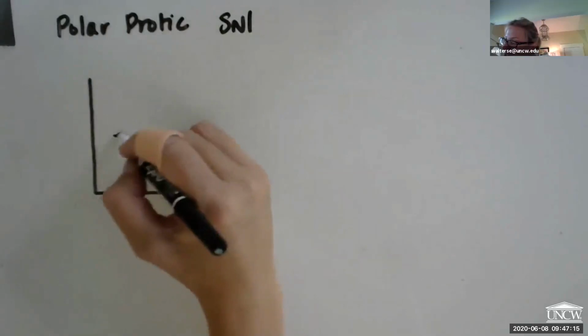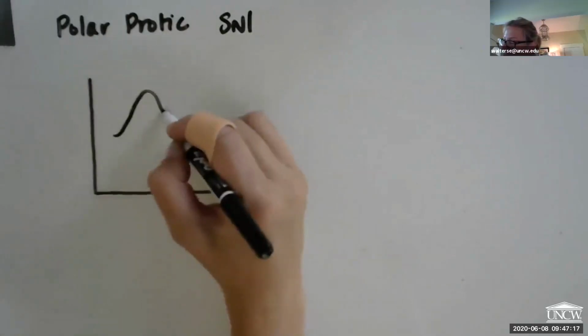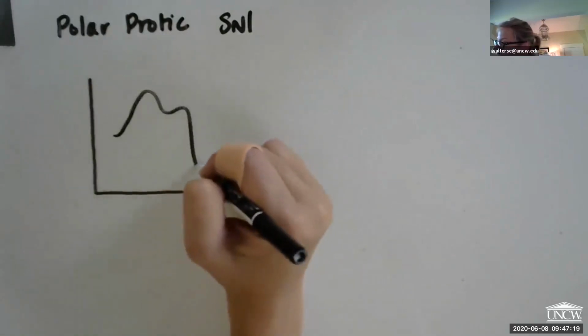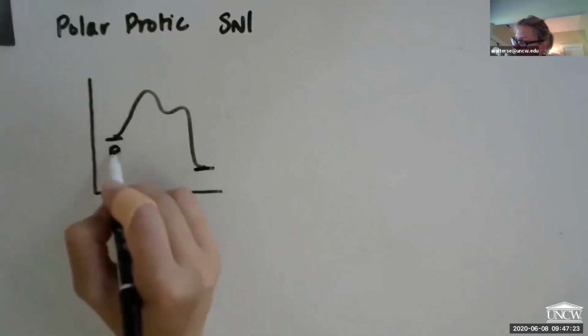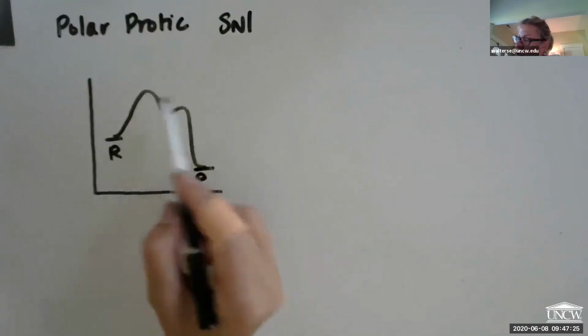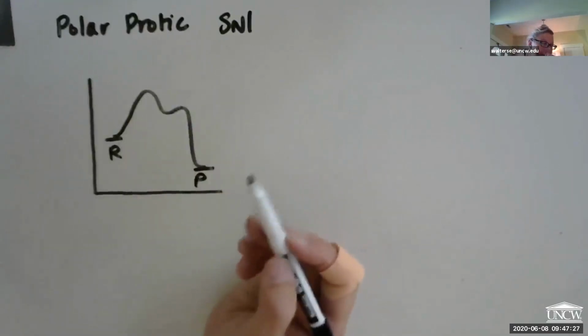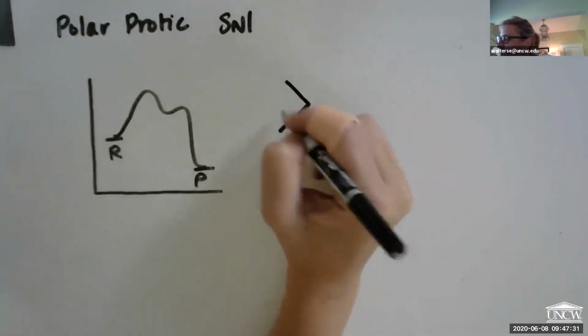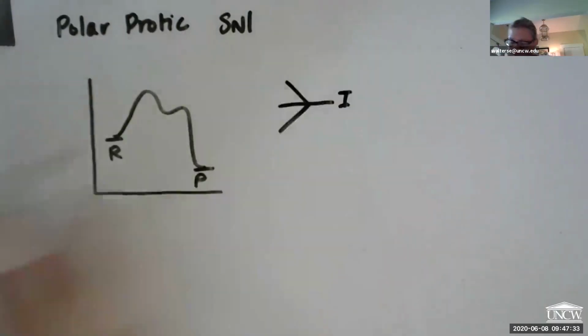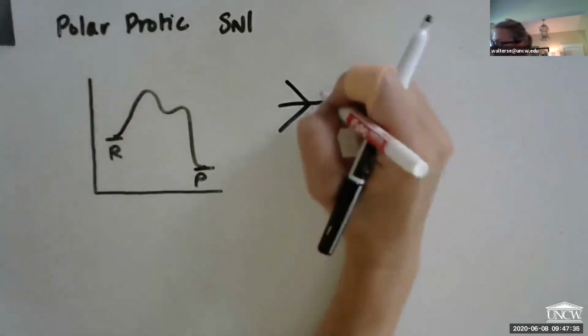These are two-step reactions, so formation of the carbocation and then nucleophilic attack: two transition states and one intermediate.